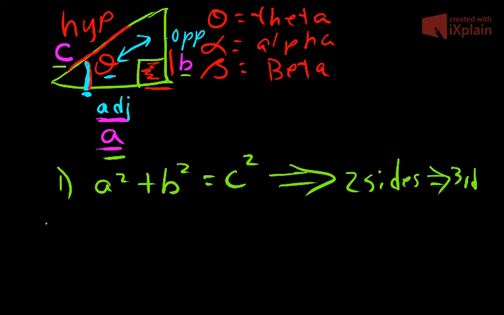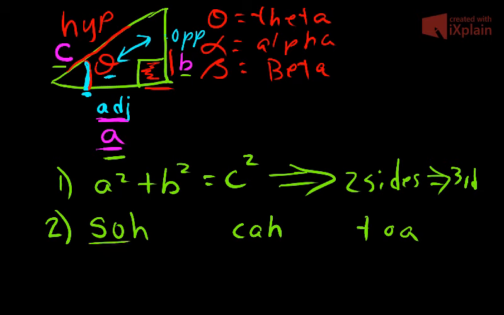The other thing you have to know about right triangles is this mnemonic. Do you remember this? SOHCAHTOA. And do you remember what that means? This was an easy way to remember three equations that you need for these triangles.